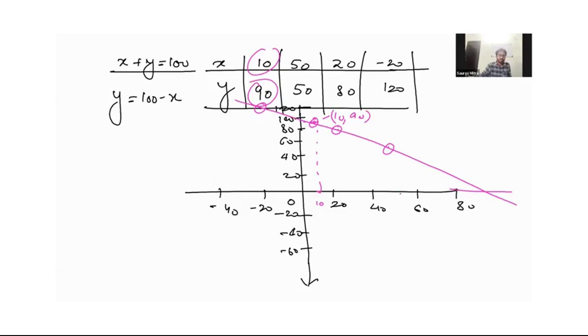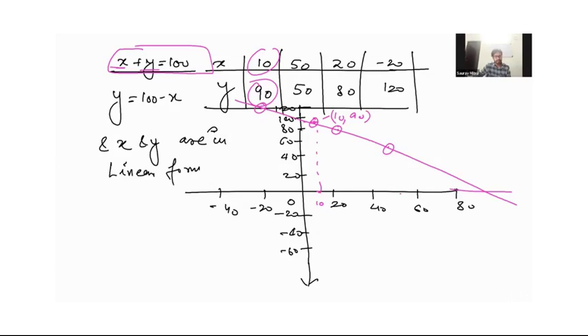Again, this will be a straight line. This is true for all linear equations, since the word linear means it is having the power as 1. So you will always get a straight line since x and y are in linear form, that is, the degree is equal to 1.